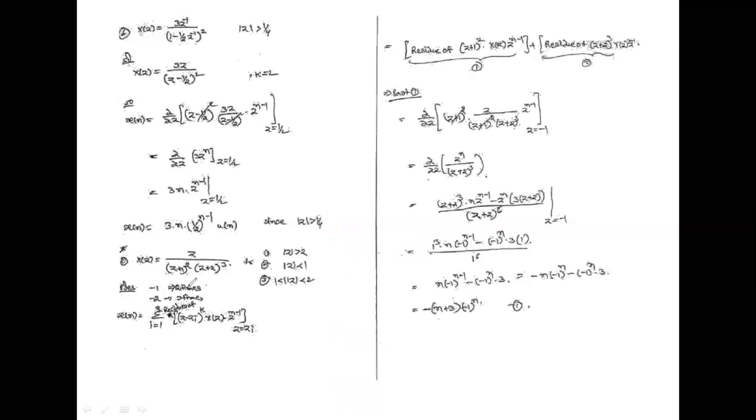So using z is equal to minus 1 two times and z is equal to minus 2 three times, we use the residue method.